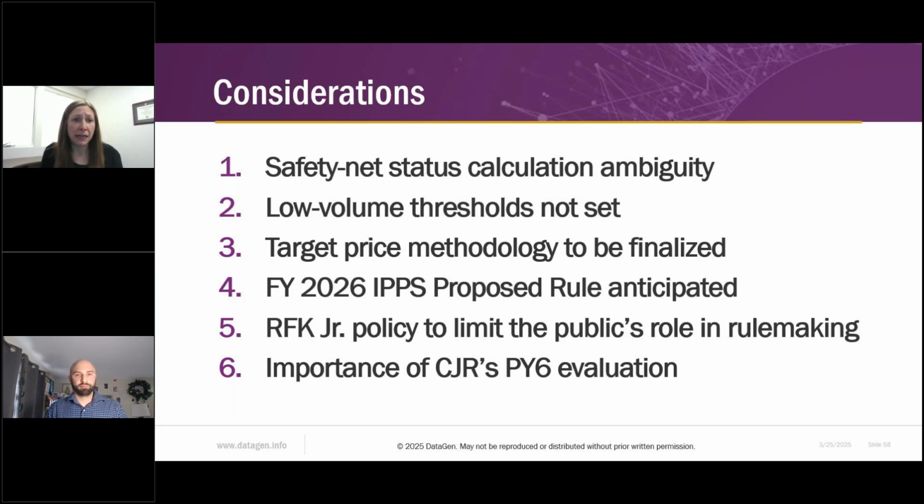Some people on today may have seen there is a RFK Junior policy that was recently published at the beginning of March, which intends to limit the public's role in the rulemaking process. This is something that was very concerning to us, not knowing how this could potentially impact the Medicare program or anybody's ability to comment on payment system rules.